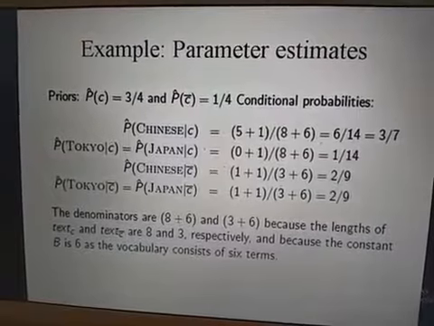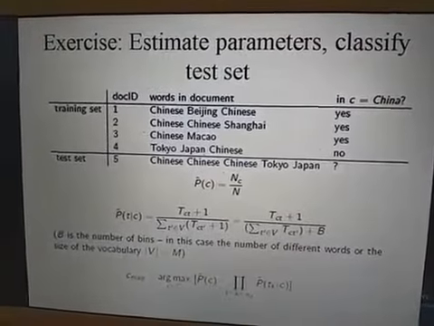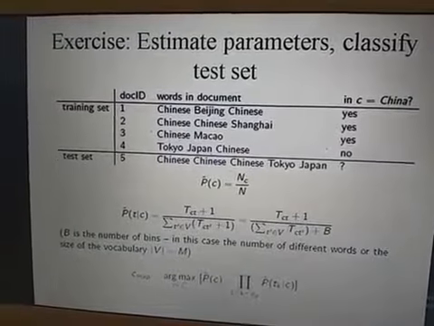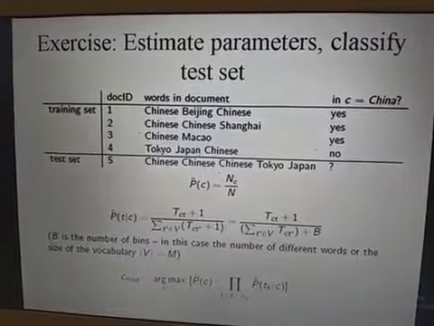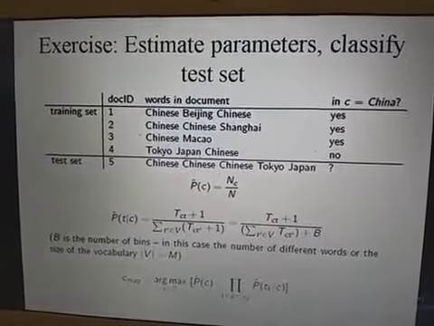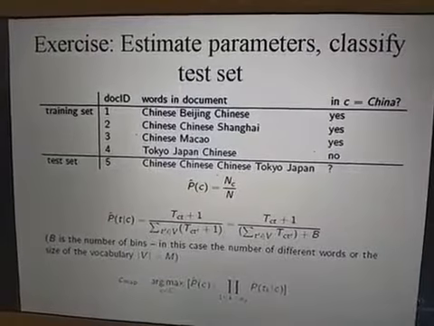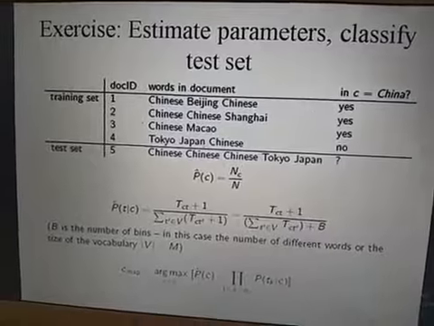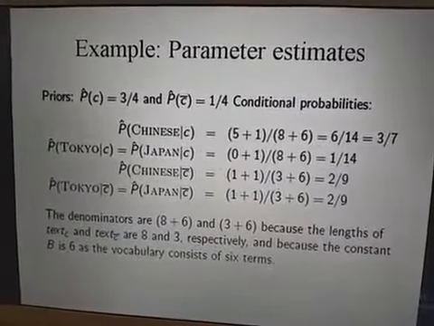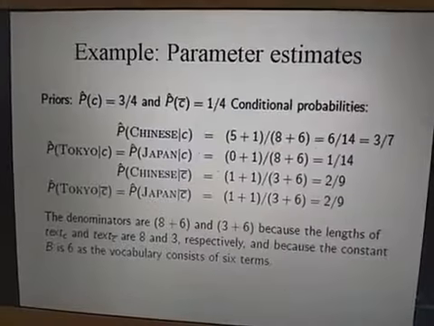Here the class is yes. So T C T is the count of the particular term within the collection of class C. In class China, the total number of Chinese present is 5 times. So in the positive case, it is present 5 times in class C. That's why 5 plus 1 divided by 8 plus 6.